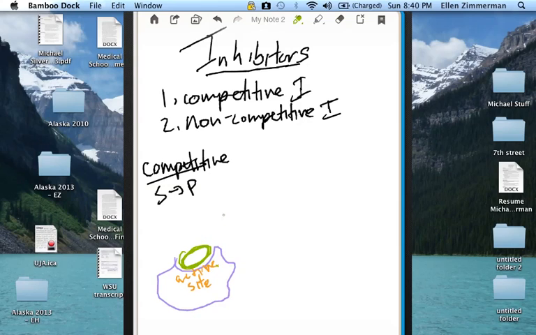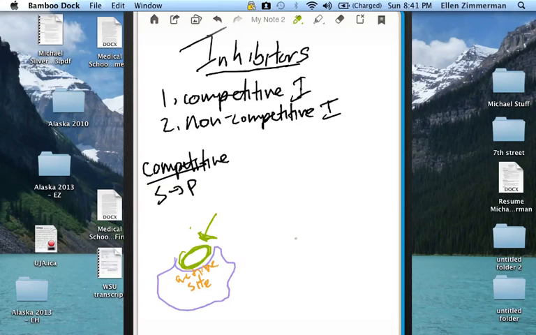So, competitive inhibitors bind to this site. Oh, my pen seems to have... Okay, sorry about that. Competitive inhibitors bind to this site and prevent the substrate from binding.